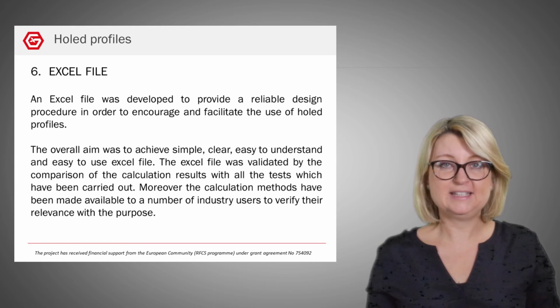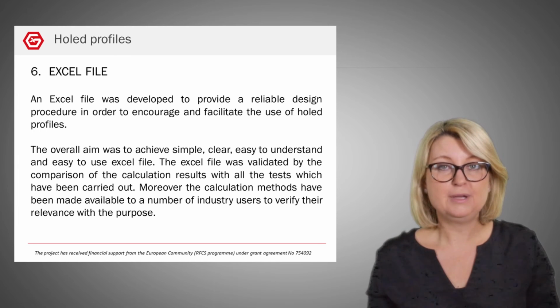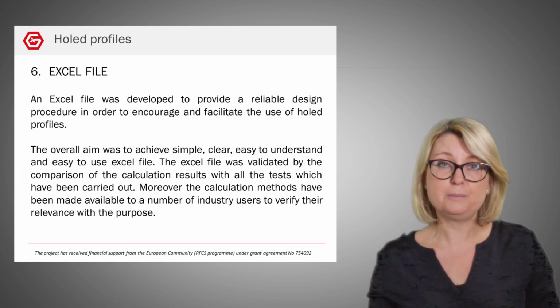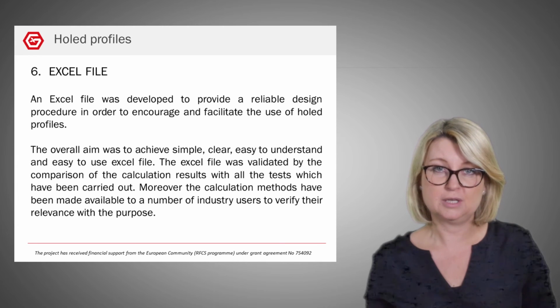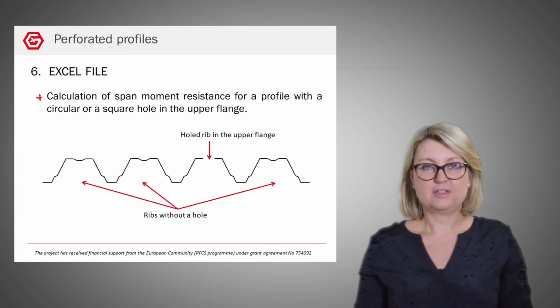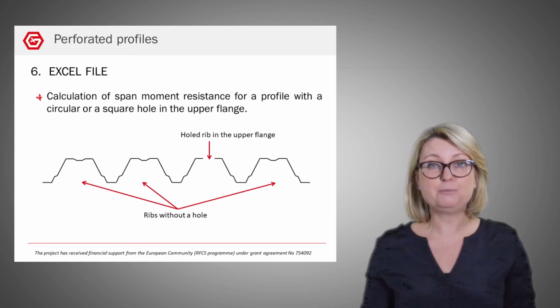This file was validated by comparing its results with the testing results. Moreover, this calculation method has been made available to a number of industry users to check its relevance for the purpose. Thanks to this tool, you will be able to calculate the span moment resistance for a profile with one holed rib in the upper flange.